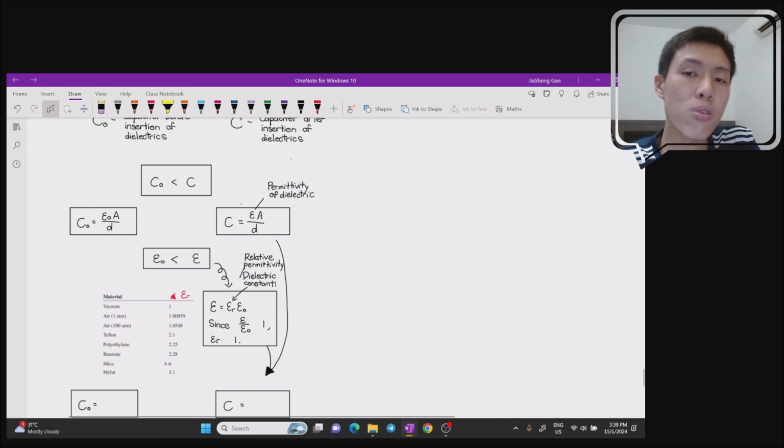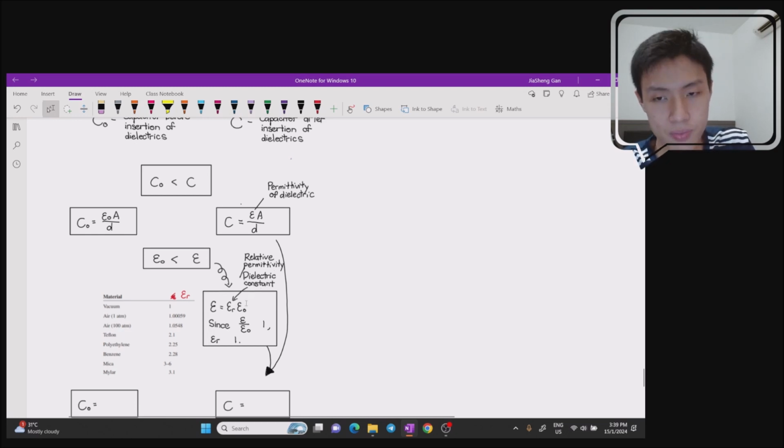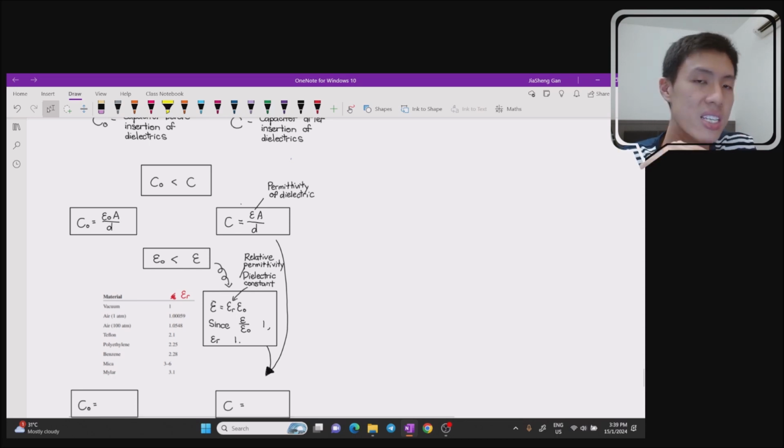Certain books use the symbol kappa for dielectric constant or relative permittivity, but in our syllabus we will use epsilon r. So it's a simple calculation. Take the free space permittivity, multiply by how many times it improves, then you get the permittivity of the dielectric itself. We know that it always improves, it never makes it worse. Inserting a dielectric never makes the permittivity worse, it can only improve it.